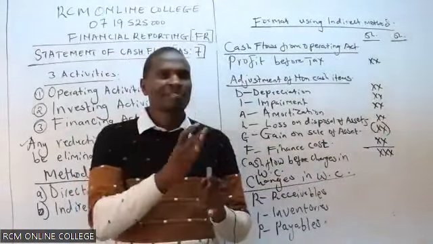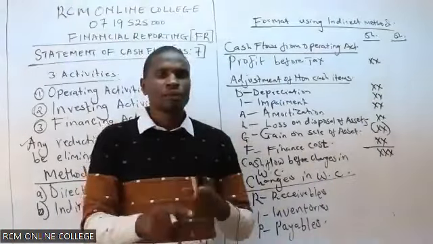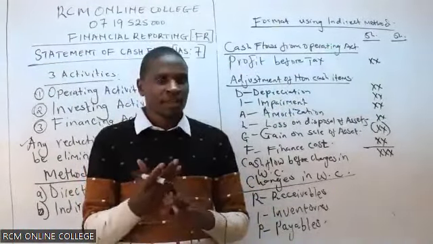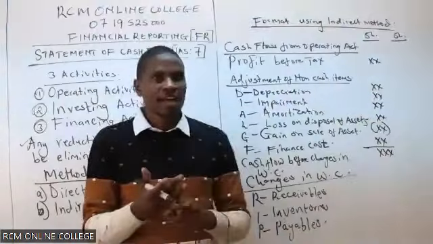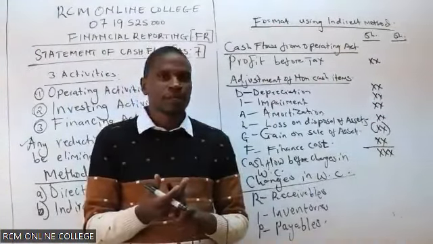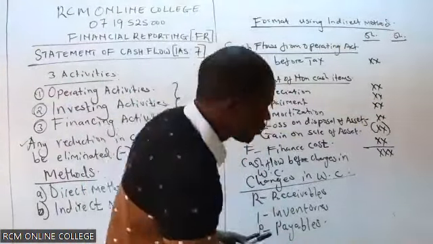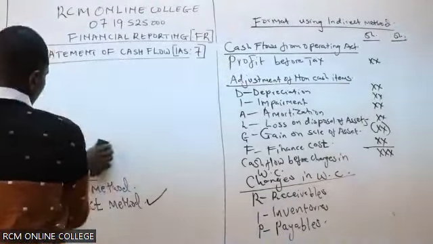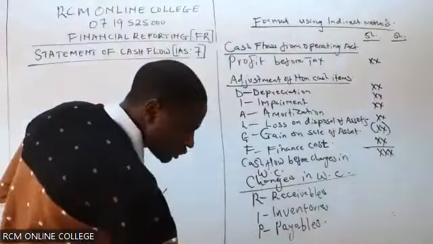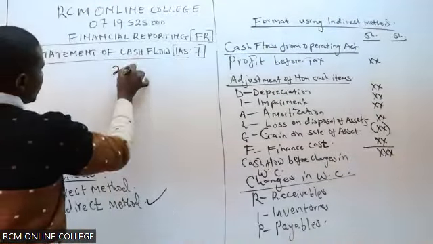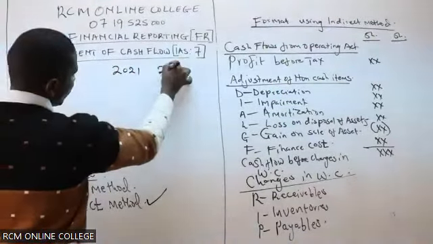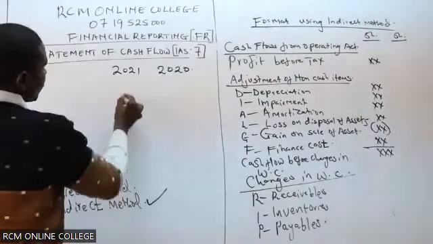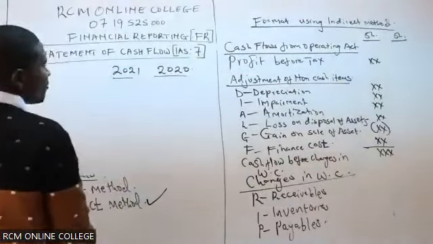Of course, we'll be having two periods, the previous and the current. For example, I have year 2021 and 2020 here. This is the current year, the previous year.